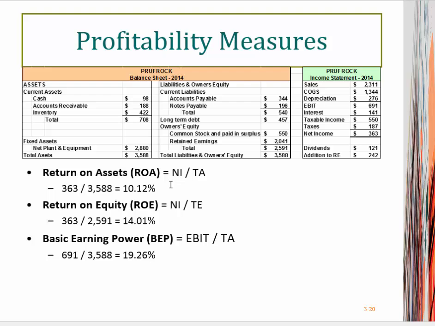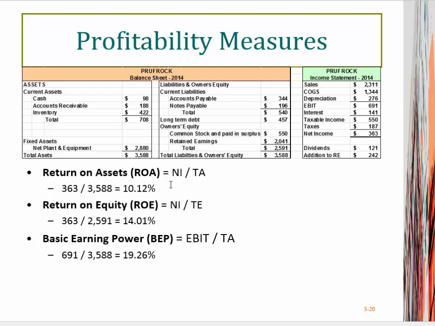So making comparisons to other companies or to an industry with return on assets has some problems with it. Now, if you're using it internally for your own company and you haven't changed your finance mix, then there's no problem in looking at this and making comparisons historically.